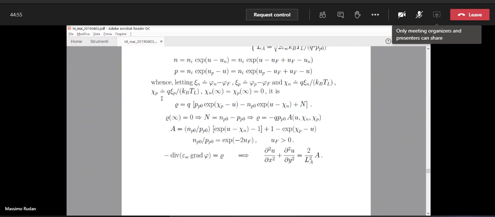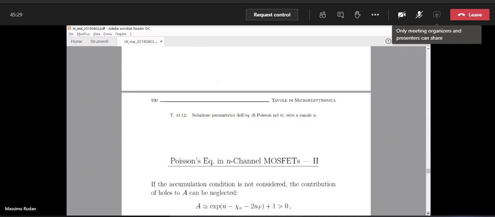So in the expression of the charge density, we can neglect the concentration of the holes because we are considering the strong inversion condition. So we simplify the form of A, and this is useful because instead of having chi p and chi n, we have only chi n in the equation. Okay, so this is another simplification that restricts the analysis to the strong inversion condition.